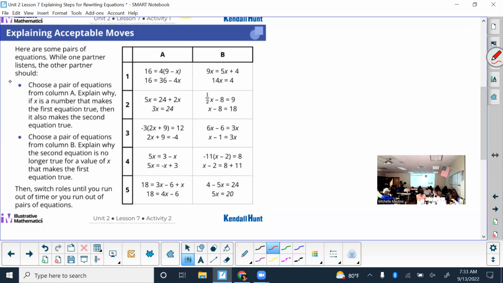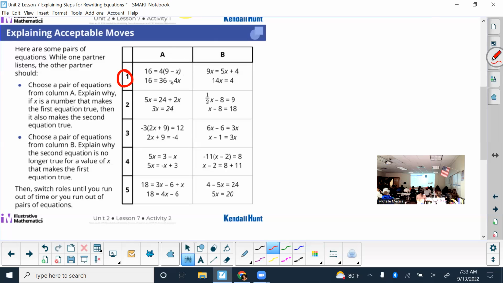What this is saying is that we're going to choose a pair of equations from column A. So if I'm the first partner, maybe I take the first one. And choose a pair of equations from column A and explain why if x is a number that makes the first equation true, it also makes the second equation true. So we're telling you that x would be the same in both cases.